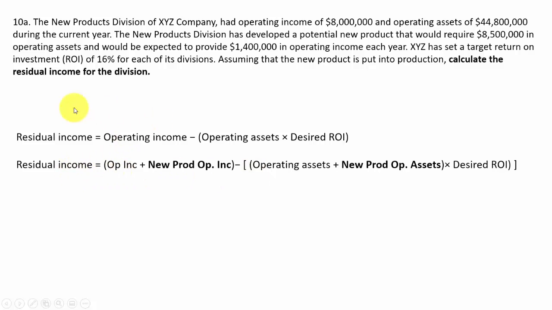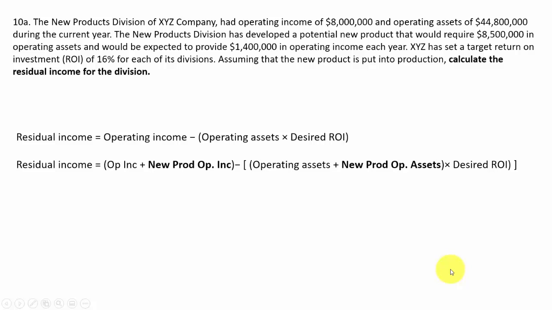Residual income for this division is equal to the operating income that we have in this division plus the new product's operating income minus the operating assets of this division, adding to those operating assets the new product's operating assets. And all of these things are then going to be multiplied times the desired return on investment, which was 16%.